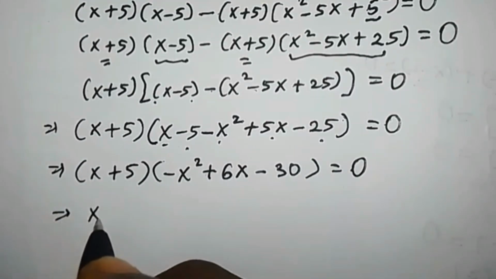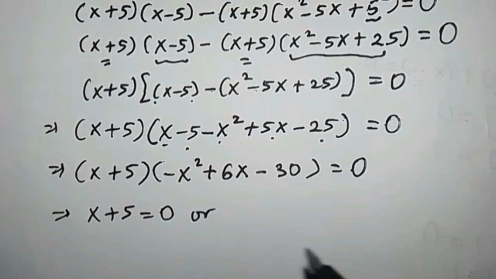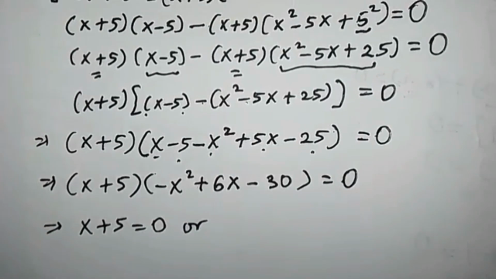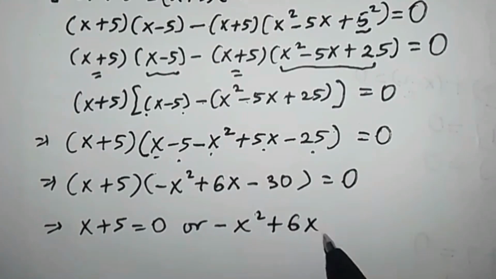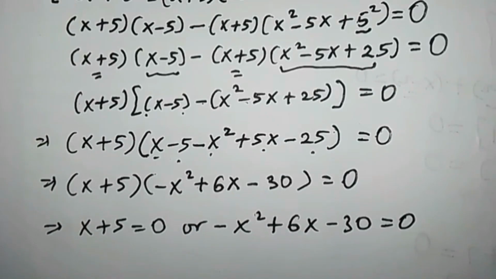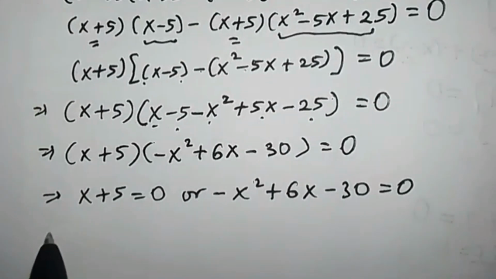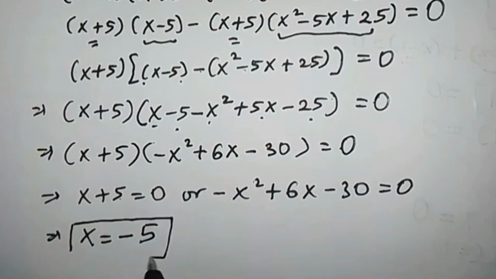This implies that x plus 5 is equal to 0, or minus x squared plus 6x minus 30 is equal to 0. We will now solve it one by one. This is a linear equation. If we move 5 to the right hand side, x is equal to negative 5. This is the first solution.